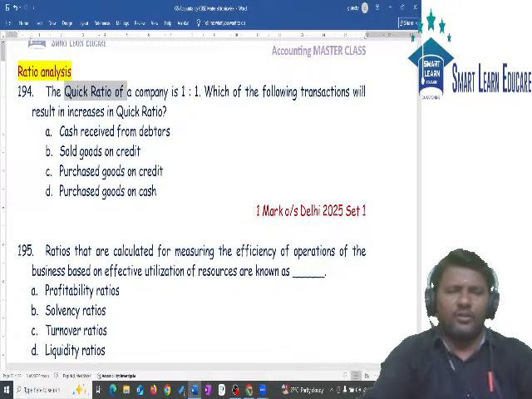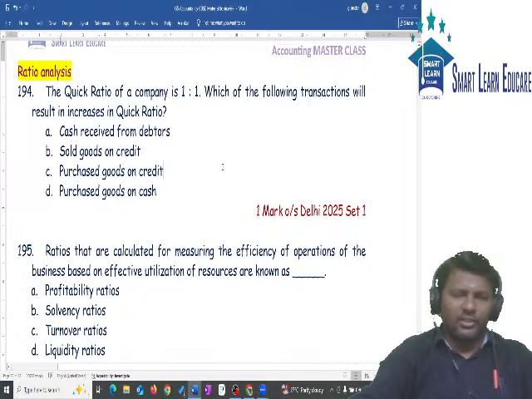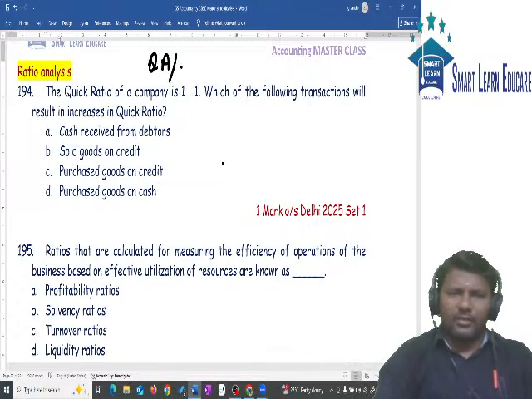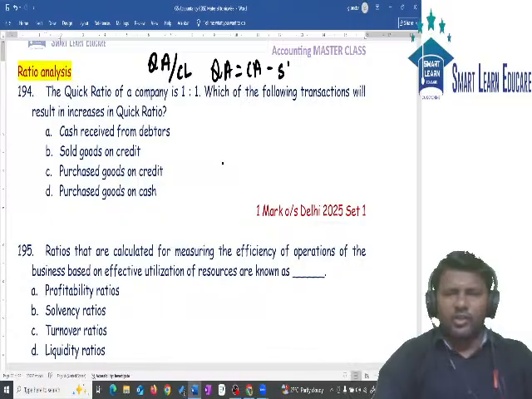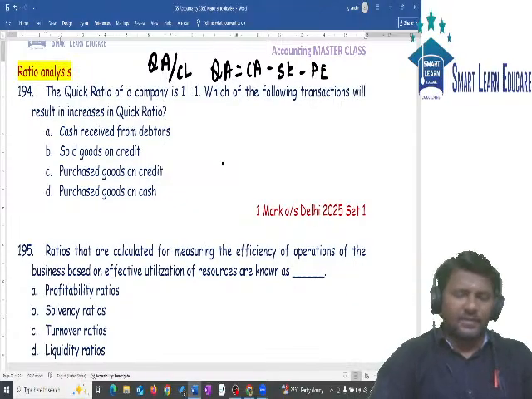First one, quick ratio of the company is 1:1. What do you mean by quick ratio? Quick asset divided by current liability. What is quick asset? Quick asset is equal to current asset minus stock minus prepaid expenses.